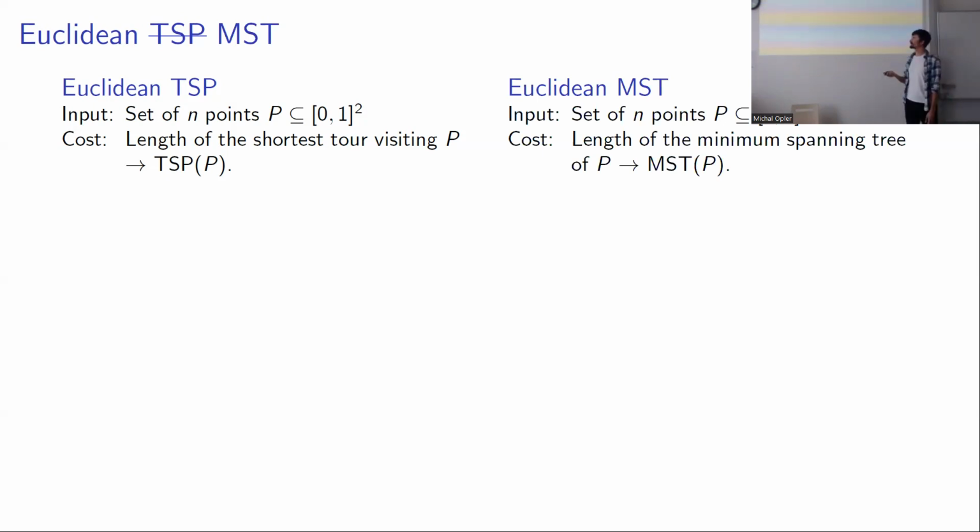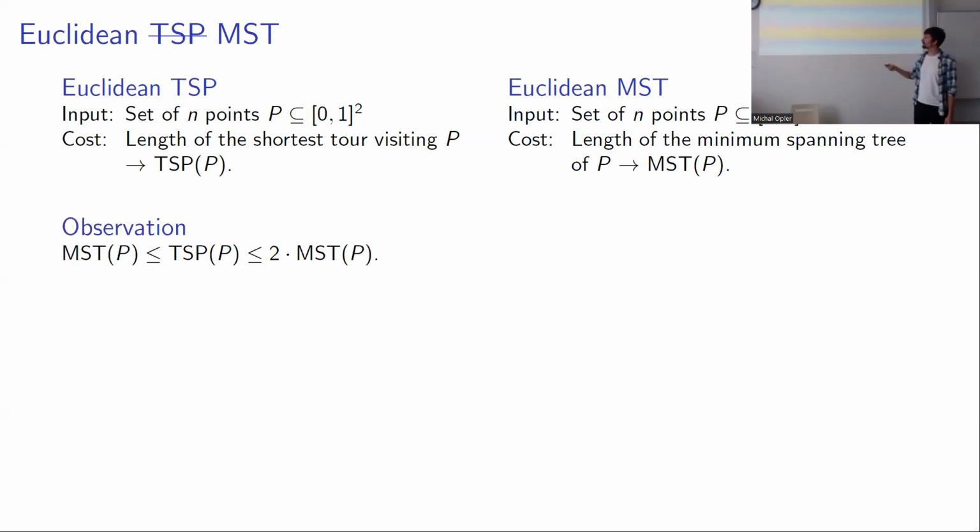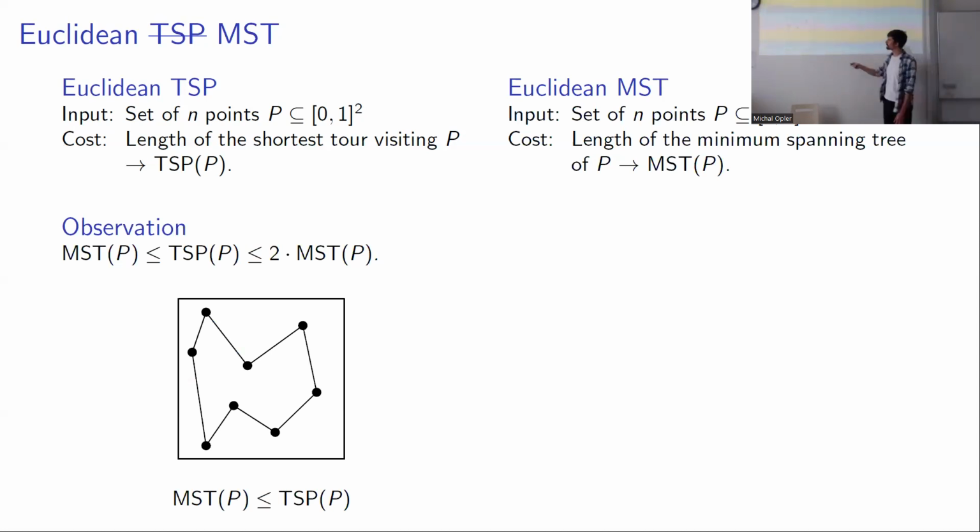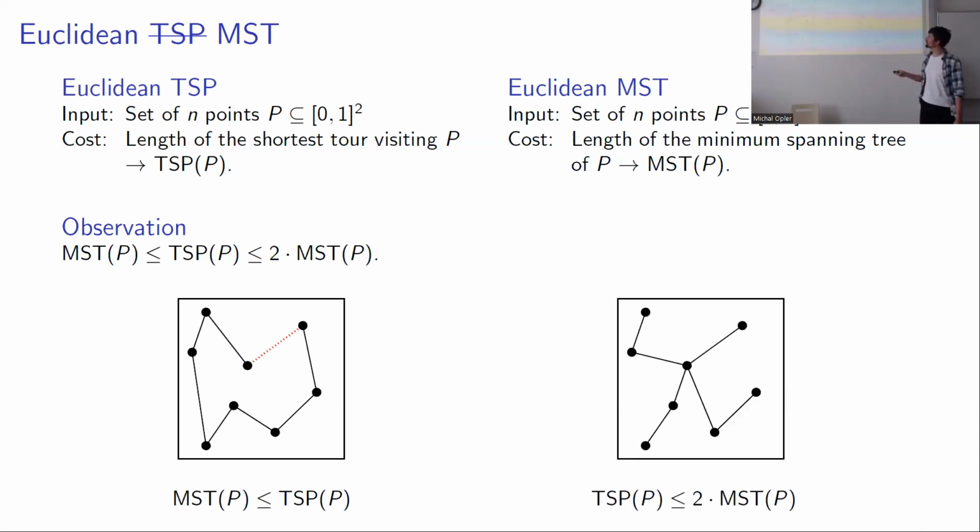And why I say that we don't care about one or the other is that it's quite well known, an easy observation, that the length of the traveling salesman tour is at least the length of the minimum spanning tree, and at most 2 times the length of the minimum spanning tree. On one hand, if you give me a traveling salesman tour, I can just delete one edge and get a spanning tree, which upper bounds the minimum spanning tree.